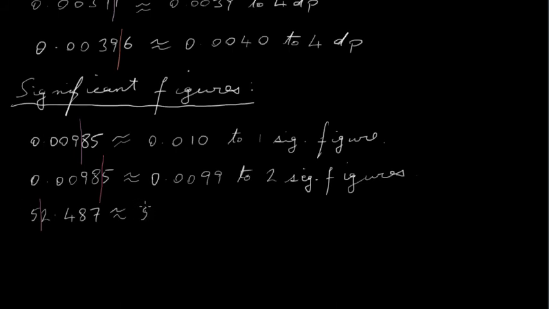We just leave the 5 as it is. Now, this is 52, which means all the other numbers just become zeros, because we only want one significant figure, remember. So really, 52.487 is just 50. This is rounded to one significant figure.